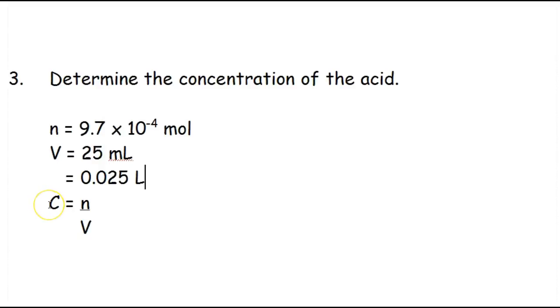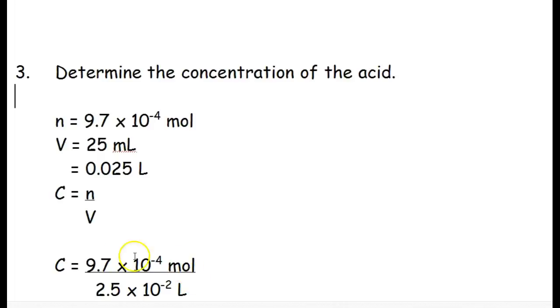I know my concentration, or I don't know my concentration, but I do know the number of moles that were involved in the reaction. I also know the volume that was reacted. And so substituting those values into the formula, we can see that if I have moles divided by liters, then the final result that I get as a result of manipulating those dimensions will be in units of moles per liter.